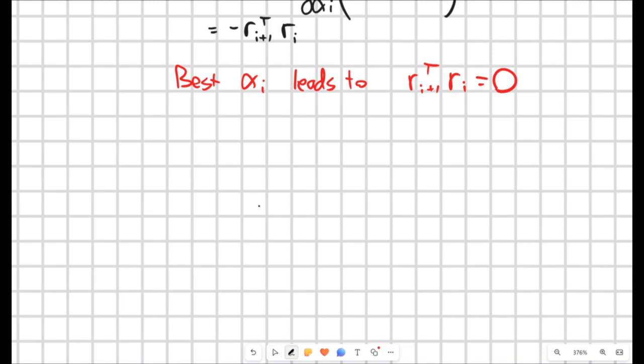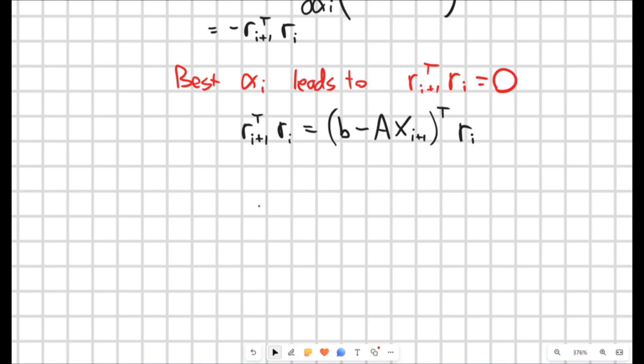So the residual at i+1 transposed times the residual at i is equal to, so this is using our definition of the residual that was in the red box earlier. So the residual at i+1 is equal to b minus A times x at i+1, all transposed multiplied by Ri.